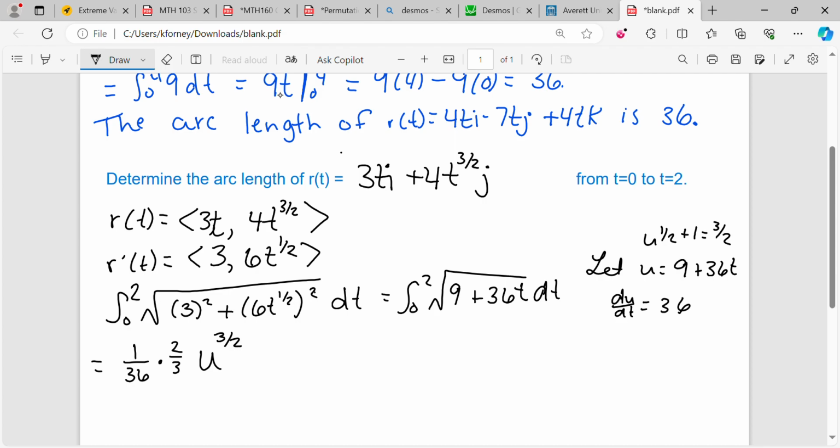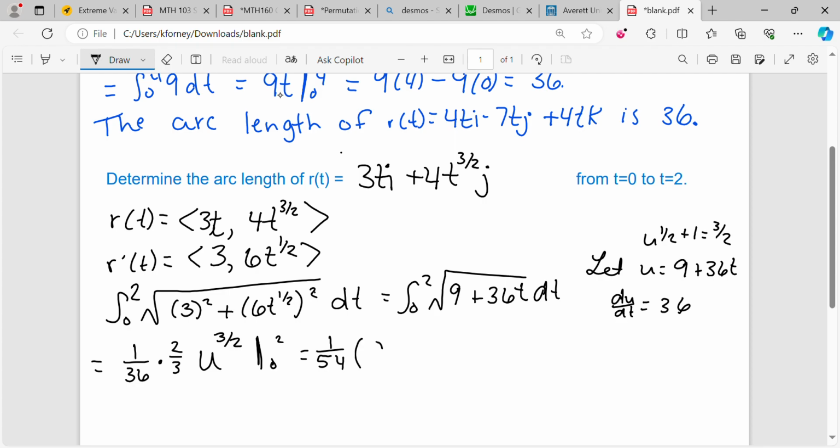So, and this is going to be from 0 to 2. So we can clean this up and say this 1 over 36 and 2/3 simplifies to 1 over 54.